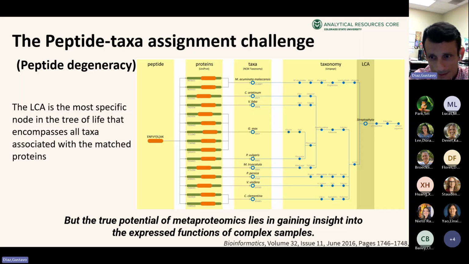To solve this, a nice approach was developed by a platform known as Unipept, in which the taxa associated with all matched proteins are summarized as the lowest common ancestor, which is the most specific node in the taxonomic tree that is a parent of all matched taxa.